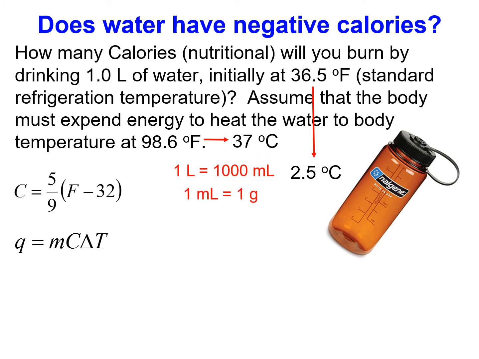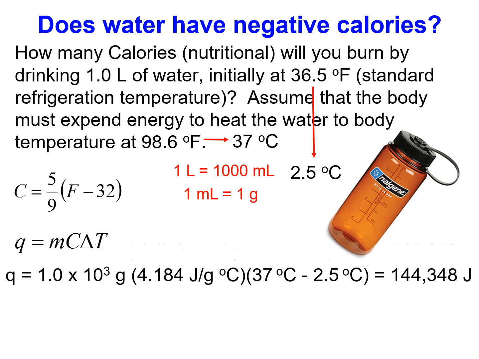You use the density for water. You're going to use the mass of water times the specific heat of liquid times your delta T. Okay, and what are you doing? You're starting initially here and your water is increasing in temperature, so you have to expend energy. So it's a positive. It's an endothermic process.